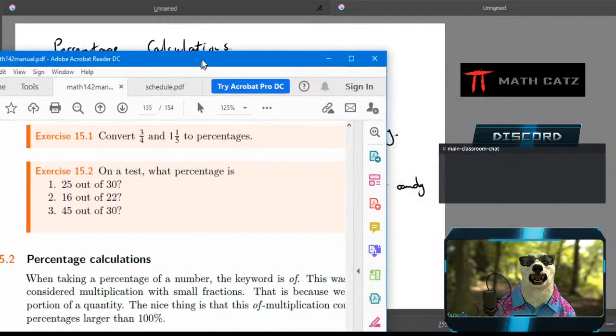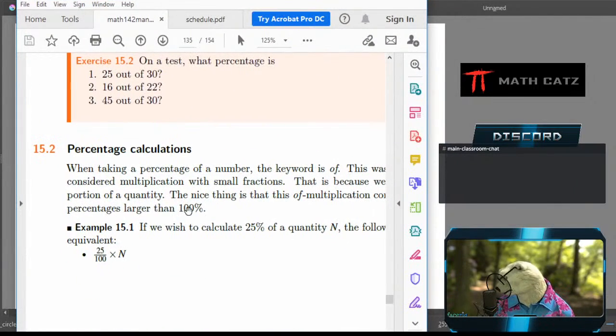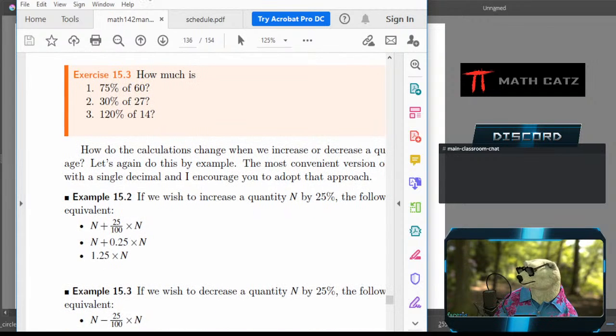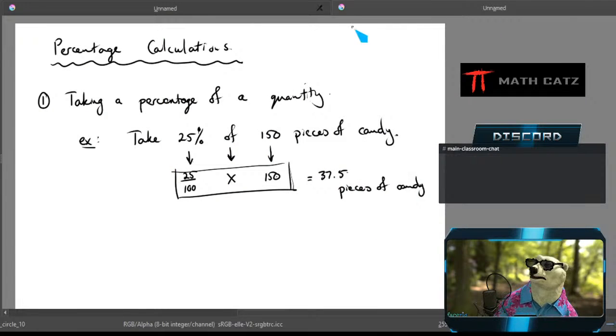You multiply by the quantity and you multiply the fraction version of the percentage. Let me just see if I have any examples I want to do. So here I have 25% of a quantity. Let's keep that quantity open. Then it's just the fraction version times the quantity. Is there more? Oh, okay, so there is a little bit of an exercise for us to practice. But it's the first type of calculation for a reason.